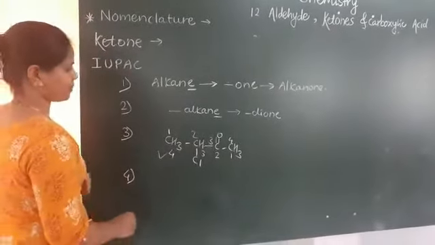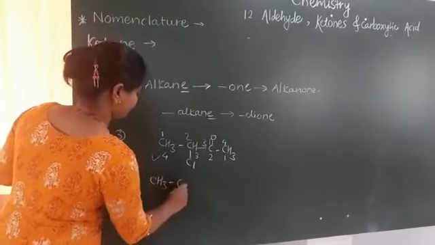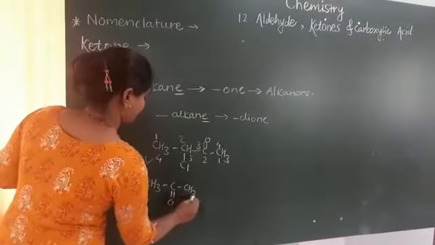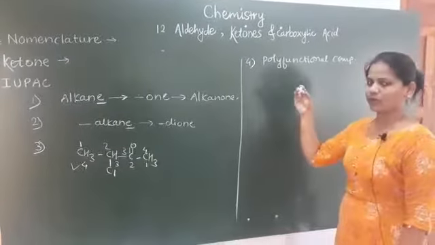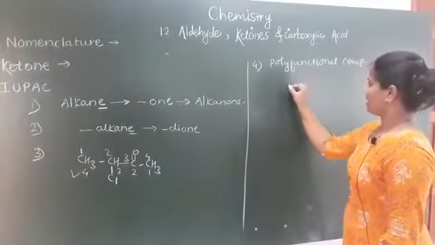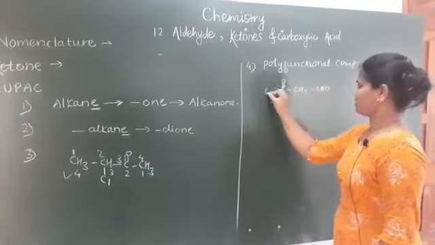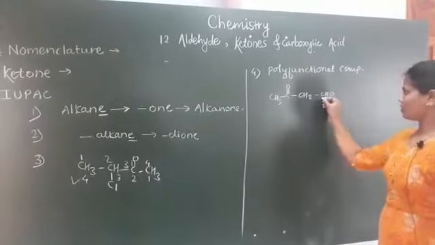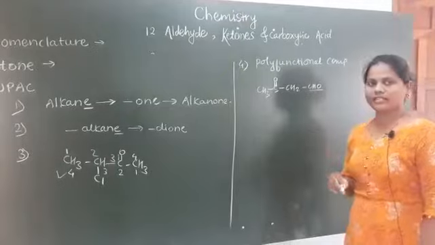Let us see the fourth rule, which is related to the polyfunctional compound. Polyfunctional compound means more than one functional group is present. C double bond O, CH2, CHO and CH3. Let's see this example. In this example, two functional groups are there, that is CHO, which is aldehyde, and C double bond O, which is ketone.